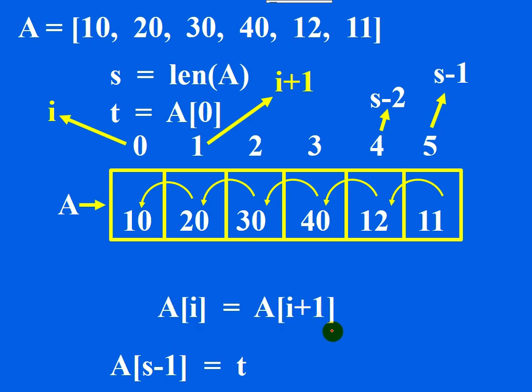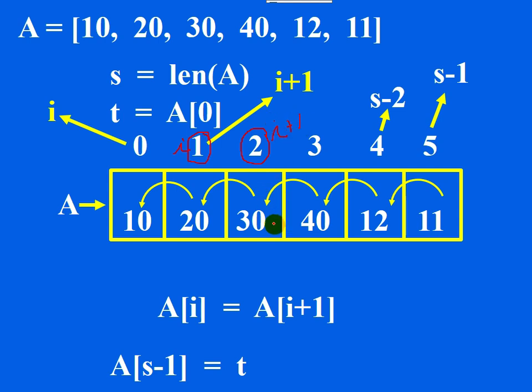Isn't it? See, A of I plus 1, here it is 20, that should be assigned to A of I, that is to this position 20 should be assigned. So now 20 appears here. Now in order to perform this shift, same statement, and here this time your I is 1 and your I plus 1 is 2.